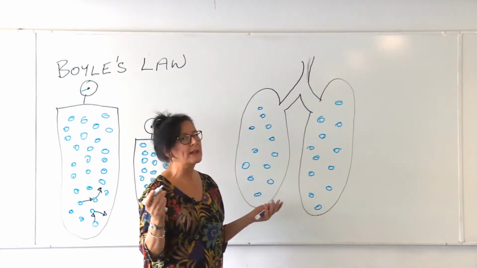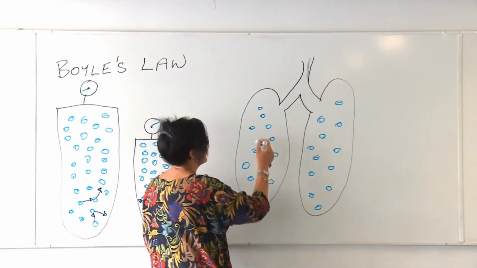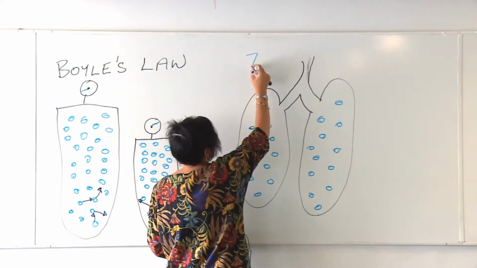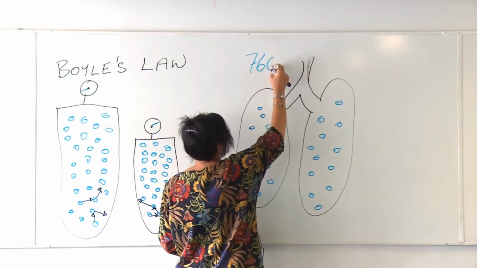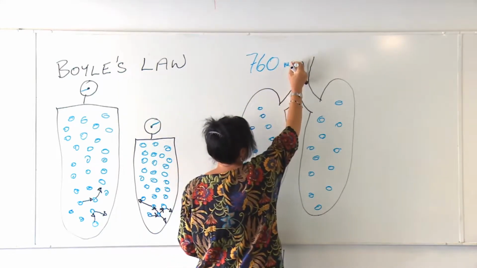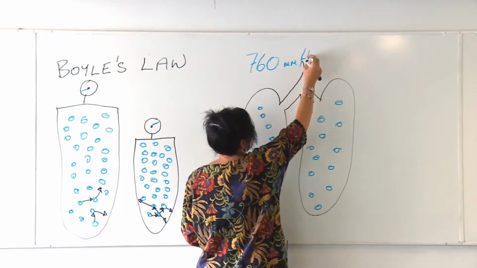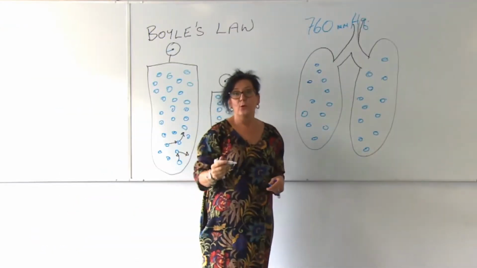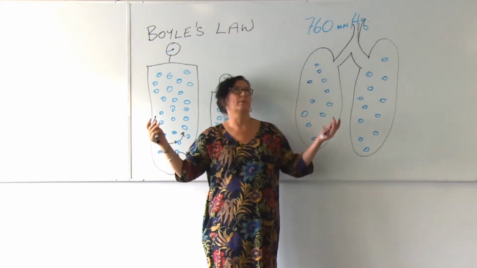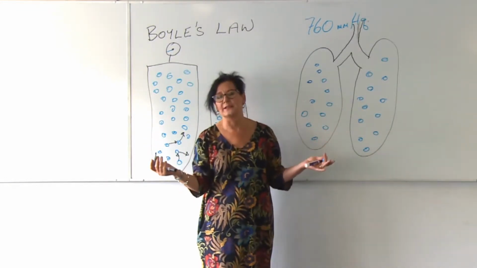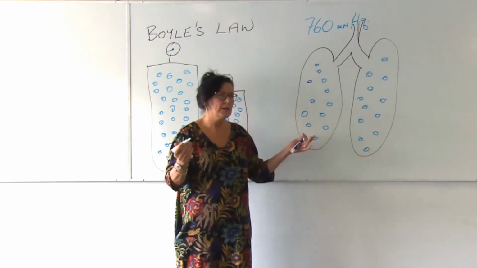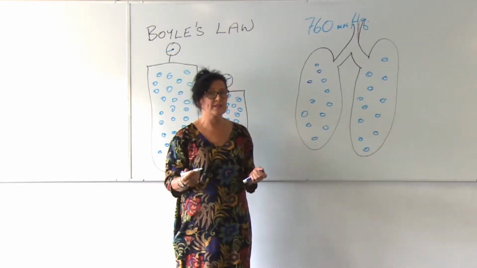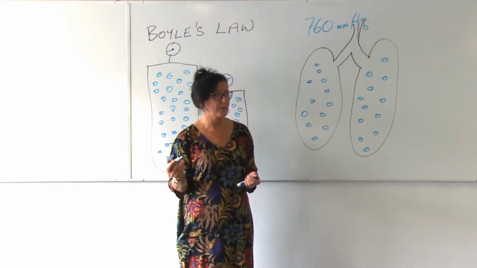So atmospheric air pressure is always 760 millimetres of mercury. I say always, obviously if you go a long way up a mountain, it will change. But at sea level, we're talking 760 millimetres mercury.